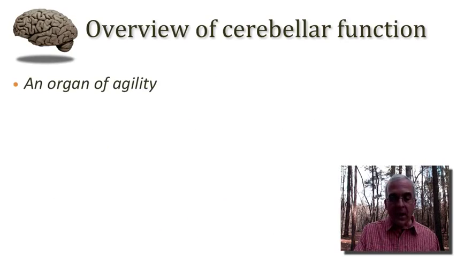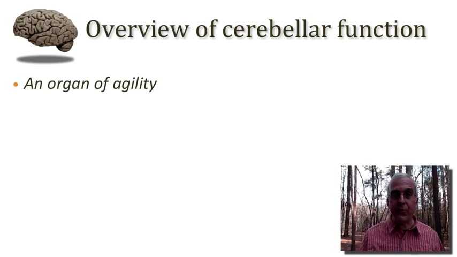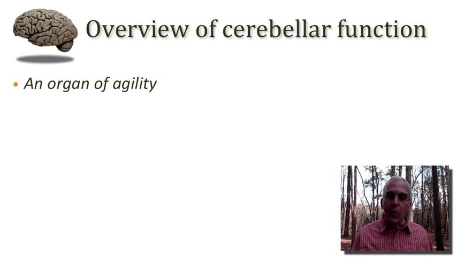A little bit more on cerebellar function. This might help you. I know it helps me. I like to think of the cerebellum as an organ of agility. And I want you to think about agility in the broadest possible terms. Think about anything that you can do with your body that you consider to be agile. Or maybe it's not movement of the body. Maybe it's movement of the mind. Maybe it's movement of thought. Maybe it's problem solving.